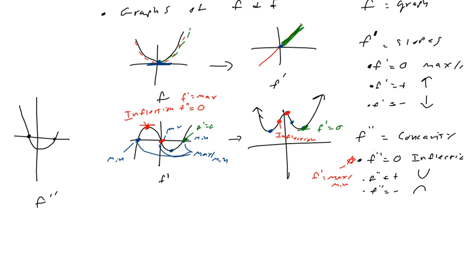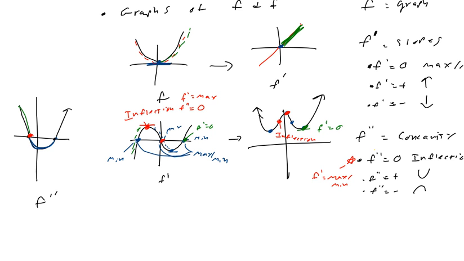These are all positive slopes, so it's this positive area here. 0 here, there's my 0 inflection point right there. And then we have a bunch of negative slopes down to this inflection point where it's 0.